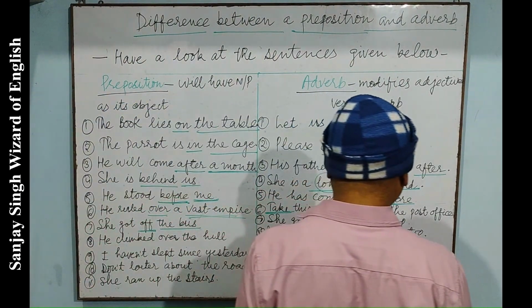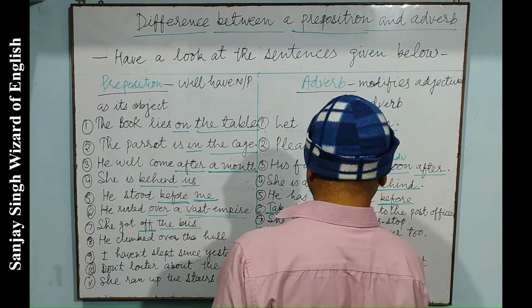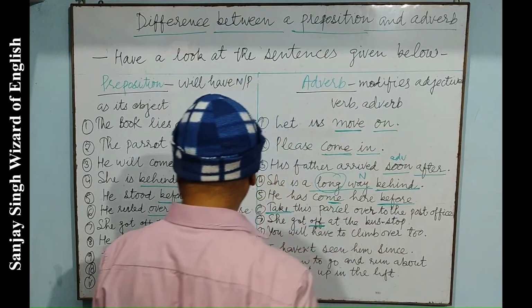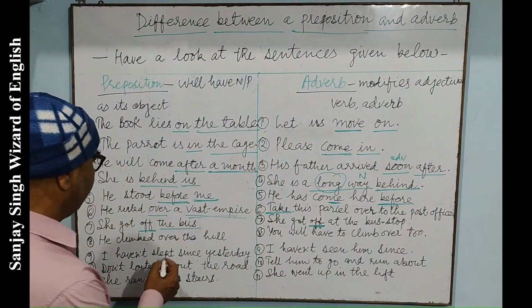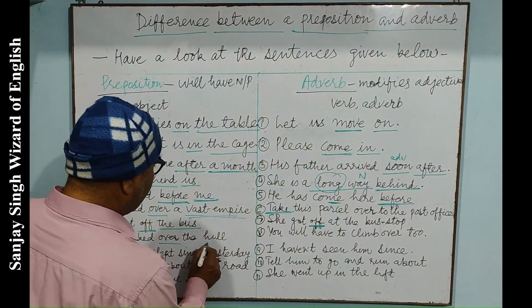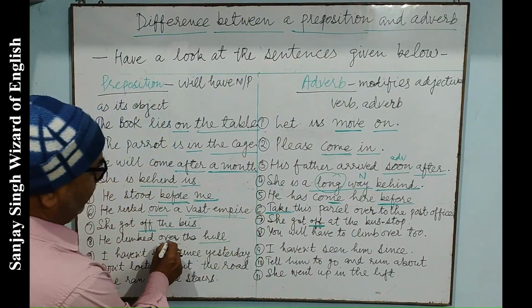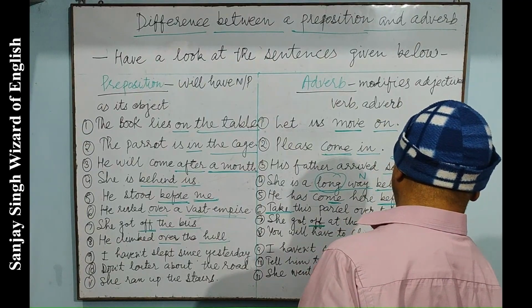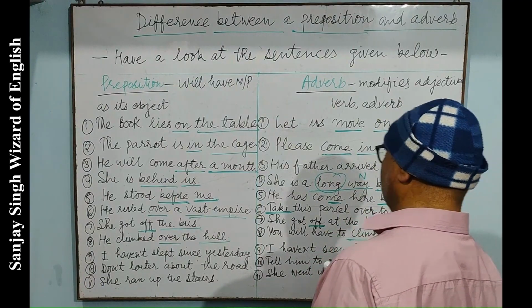She got off at the bus stop. Now here it is qualifying the verb. Same way in the next example, this is the object of the preposition. In here it is climb, qualifying the verb climb.